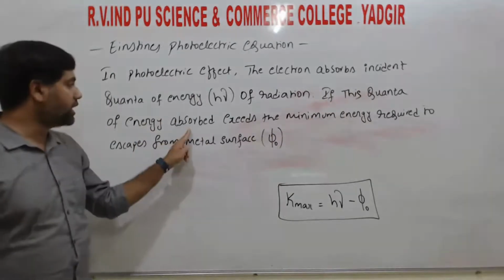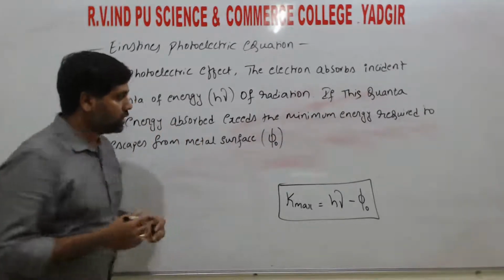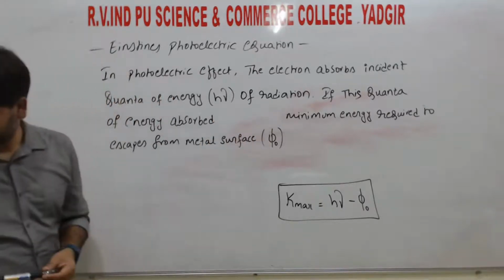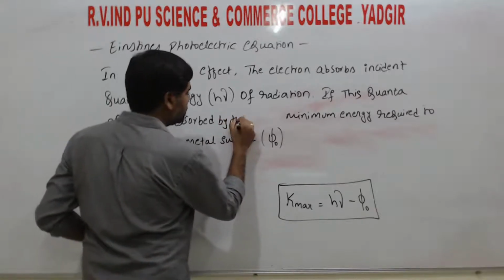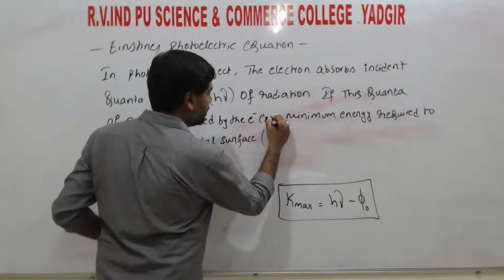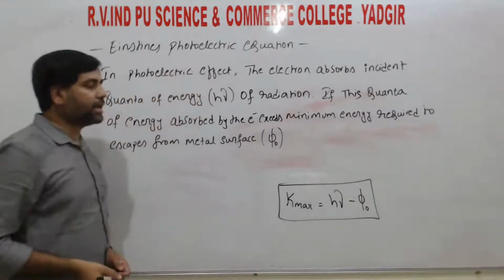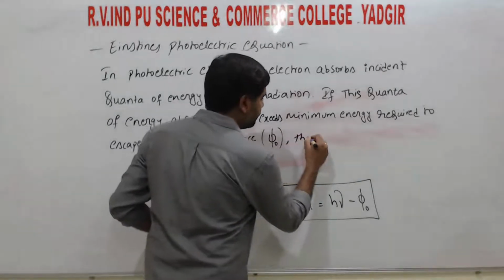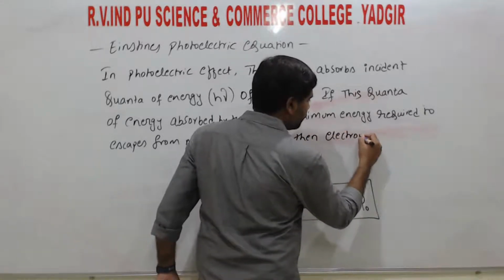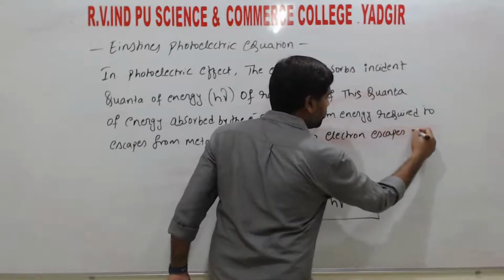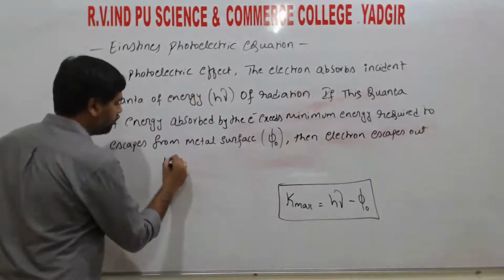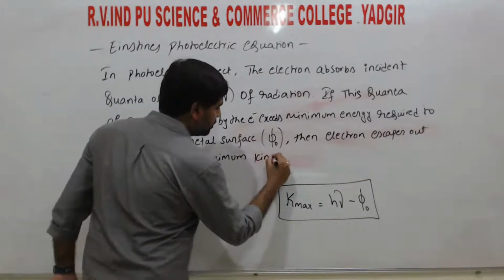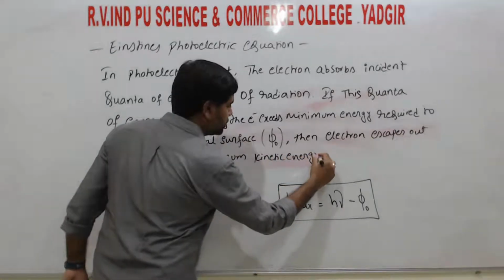If this quanta of energy absorbed by the electron exceeds the minimum energy required to escape from the metal surface, then the electron escapes out with maximum kinetic energy, right?